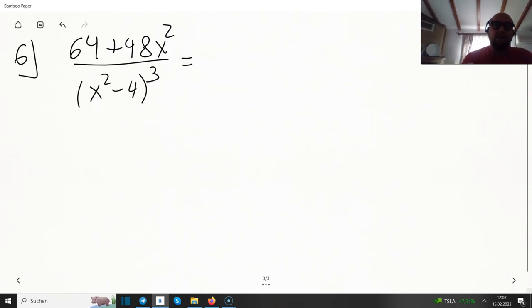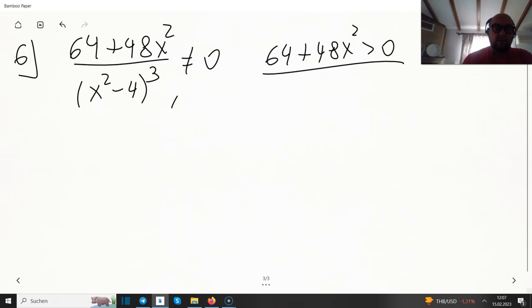This is the second derivative, and as you can see, it's never 0 because the numerator is always greater than 0, right? So no points of inflection.